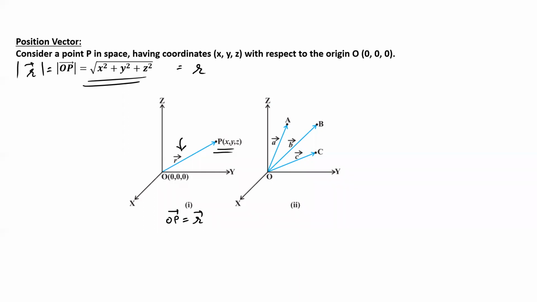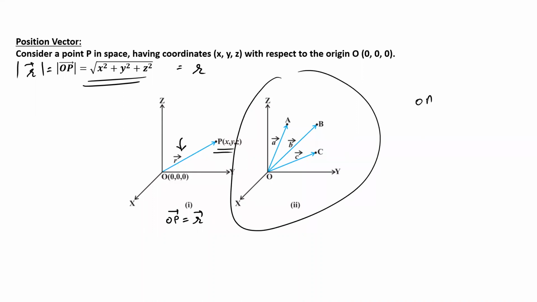We are not showing all this for this diagram; it is just for understanding. Suppose we have 3 points, with OA equal to vector A, OB equal to vector B, OC equal to vector C. One can show it with this diagram also.